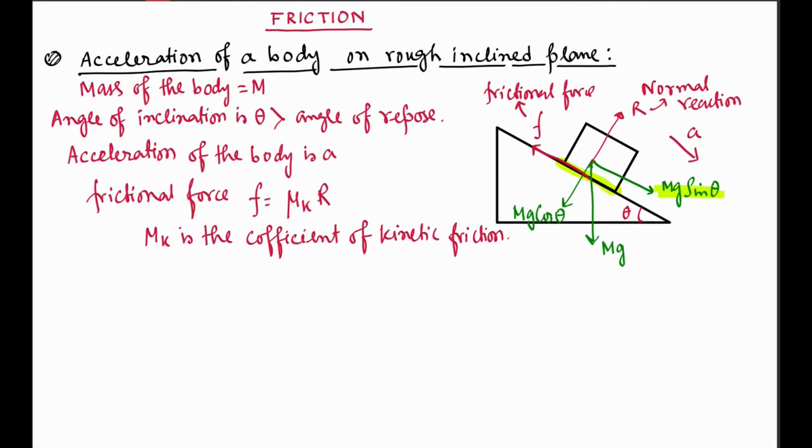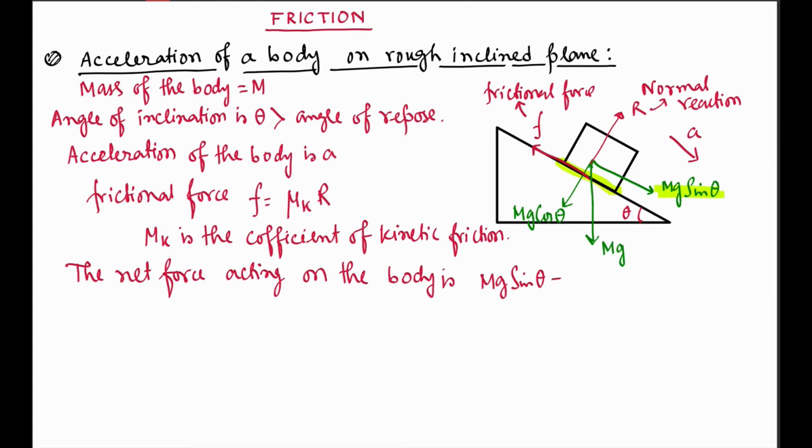As the body is moved due to unbalanced force, the net force acting on the body is mg sin theta minus friction. This is equal to ma. So mg sin theta minus mu k into R is equal to ma.